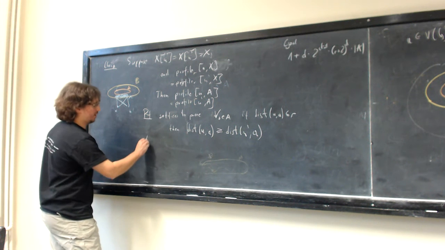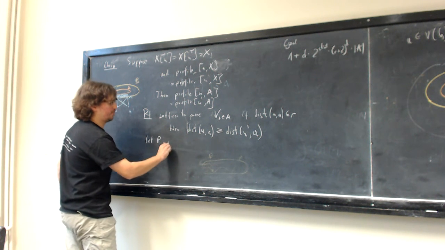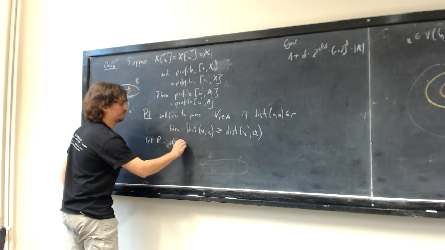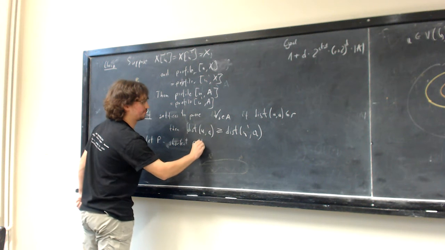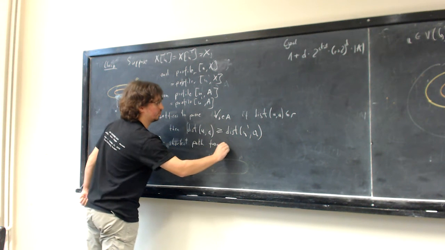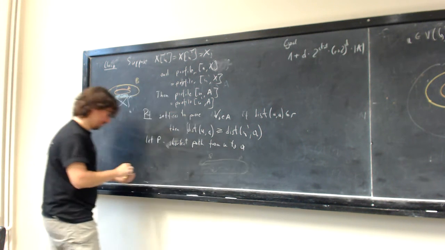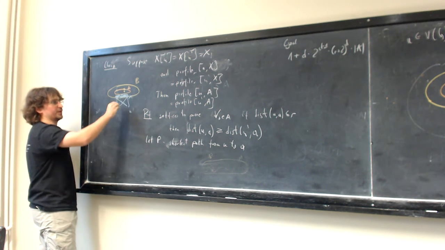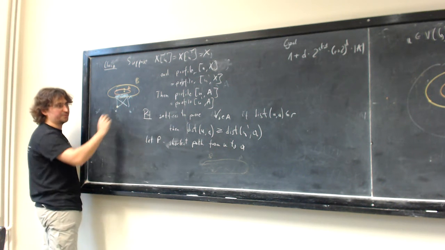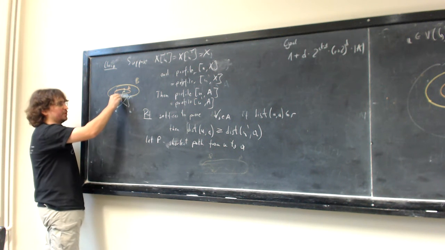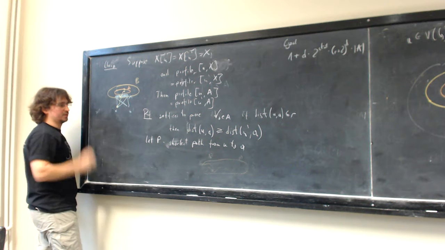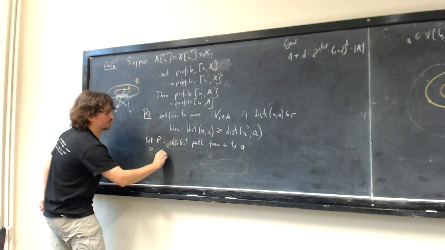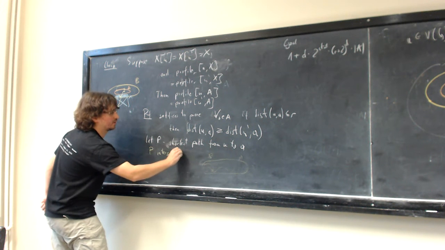So let P be a shortest path from U to A. Yes? So I take this picture, I take U, yes? Here is some vertex A, it is at a distance at most R from my vertex U. So there is some path, and this path, P, intersects X. Right?